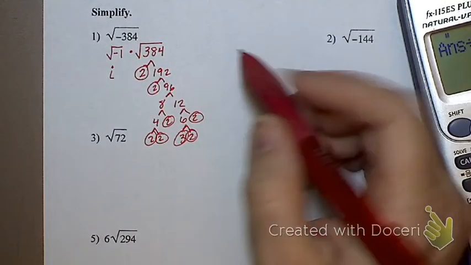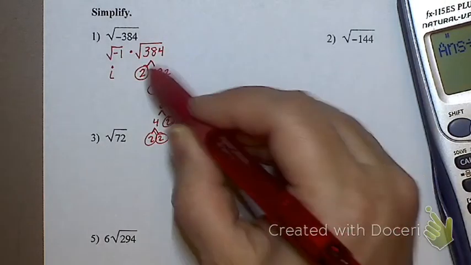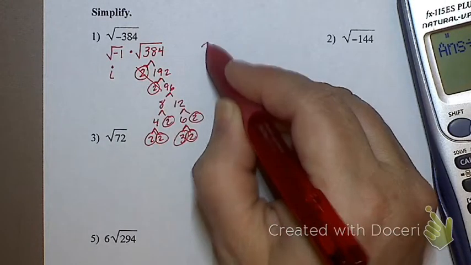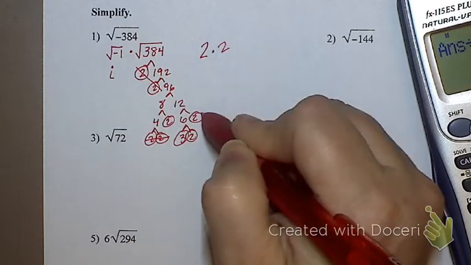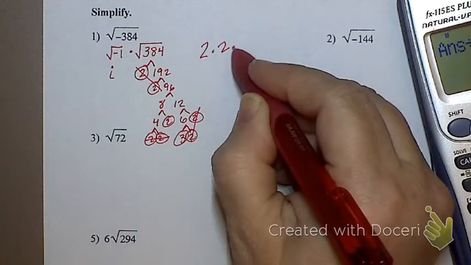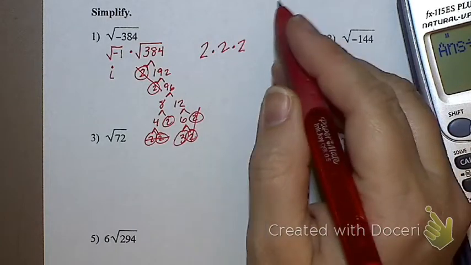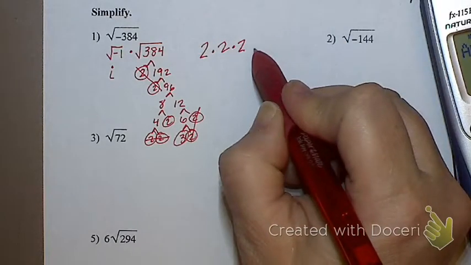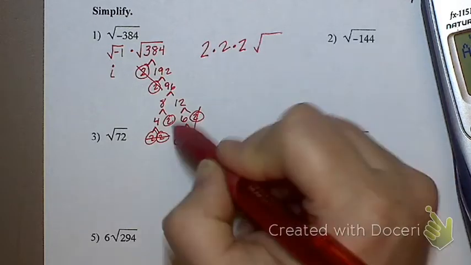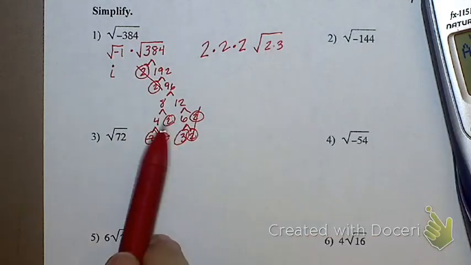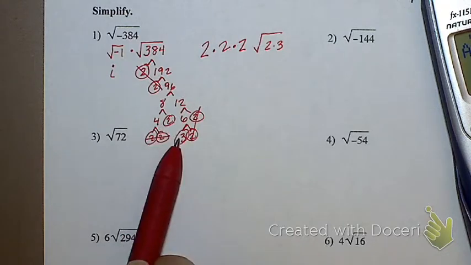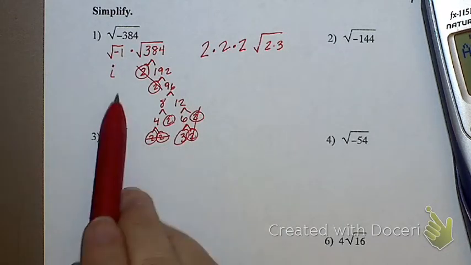So we got all sorts of numbers there. What can come out? A 2. Another 2. And another 2. And what's left inside? 2 times 3, because those were the 2 loners. You following me? Where does the i go?